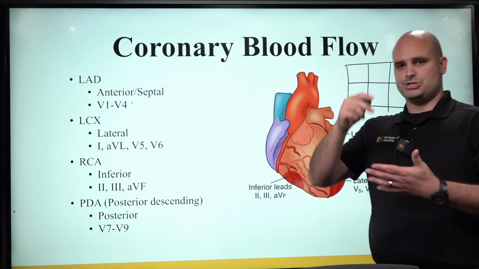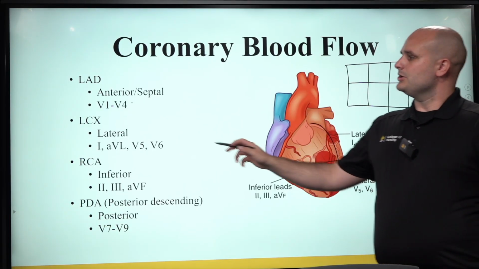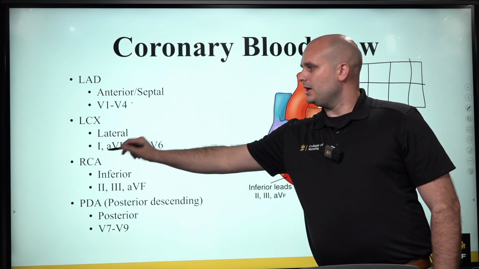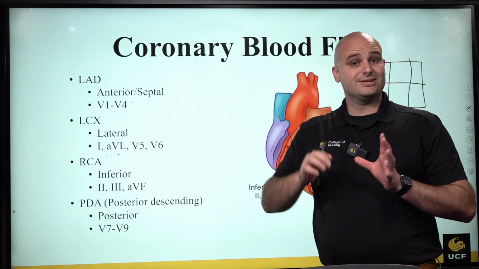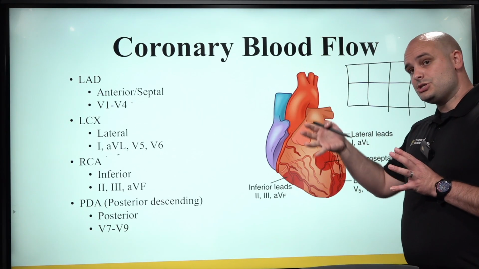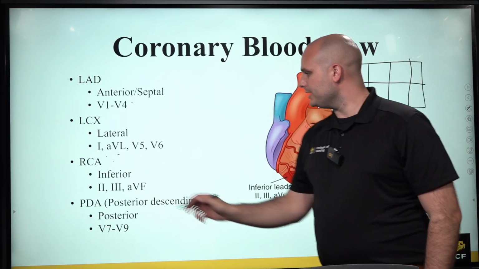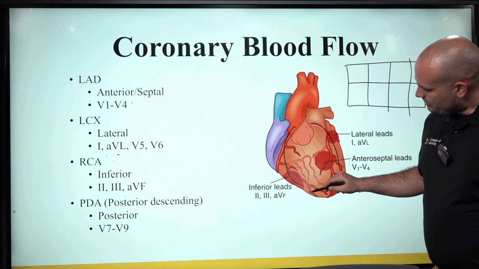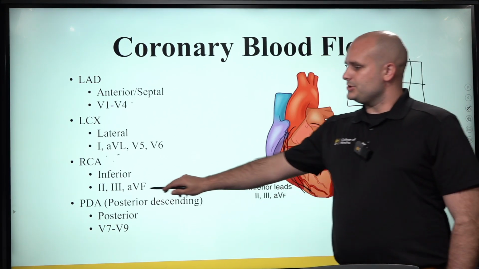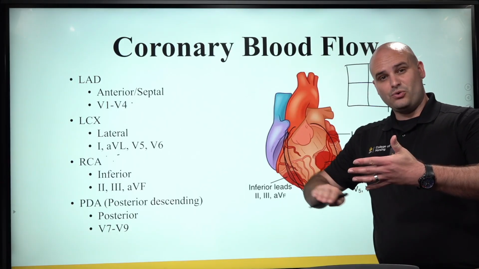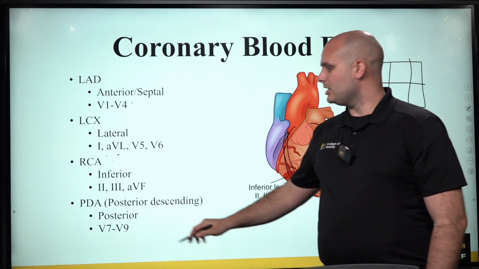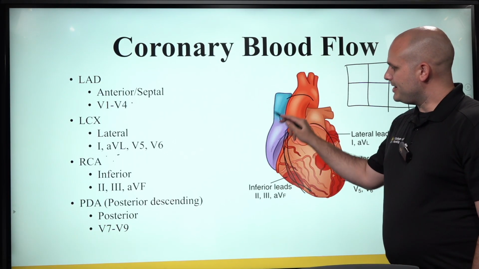So when you're looking at your EKG, V1 through V4. Our circumflex represents 1, AVL, V5, and 6. So that right-hand side of the EKG, if you're looking at it, kind of goes diagonal to the right. Our right coronary coming through the bottom of the right side of the heart represents 2, 3, AVF, so that bottom left corner of it. And then our posterior descending is on the backhand side.